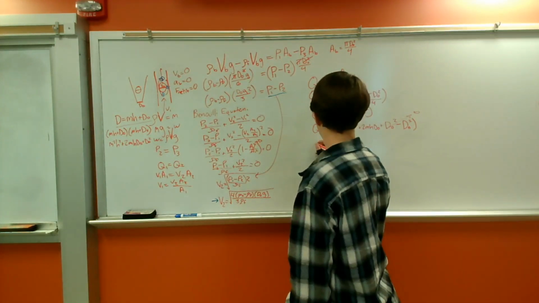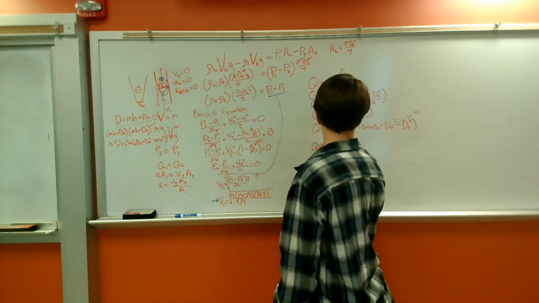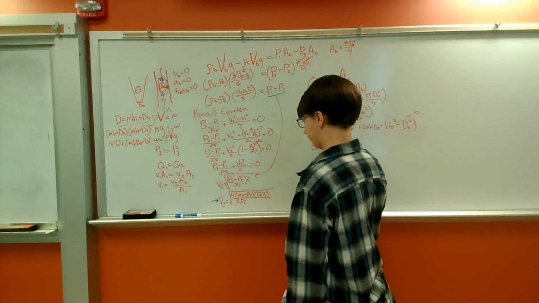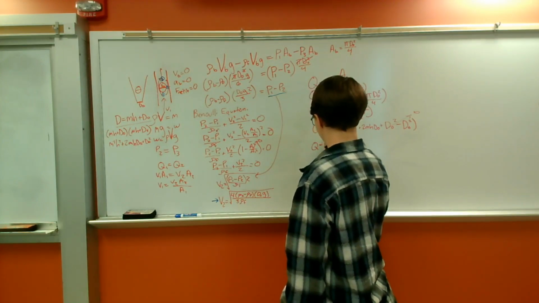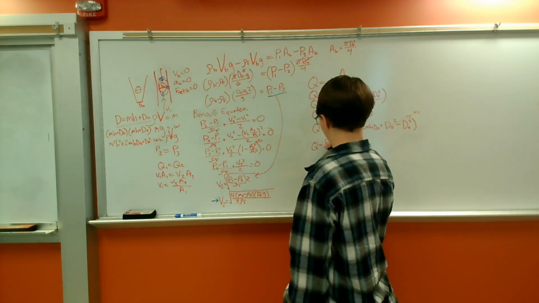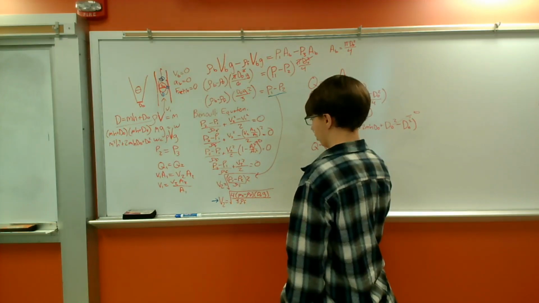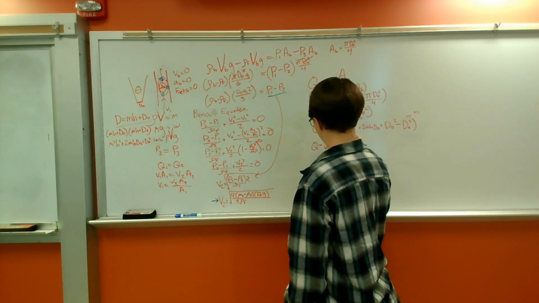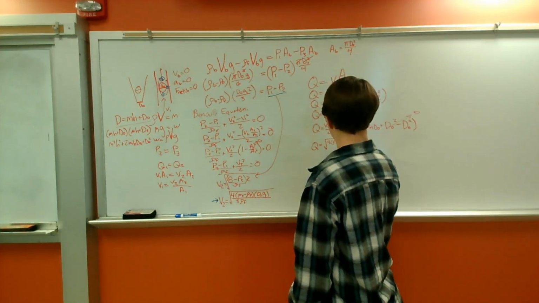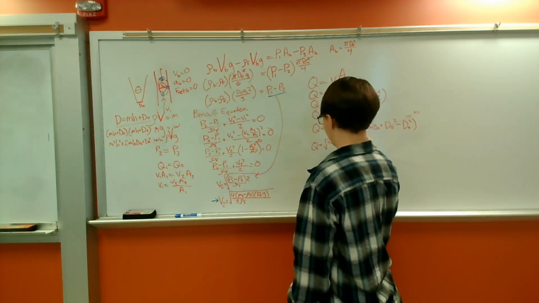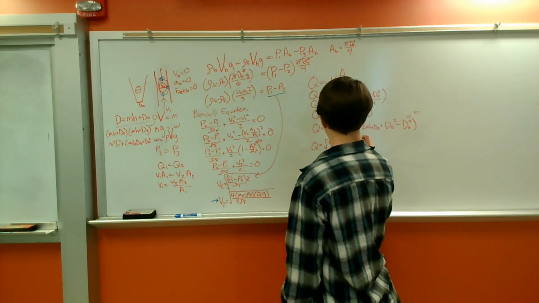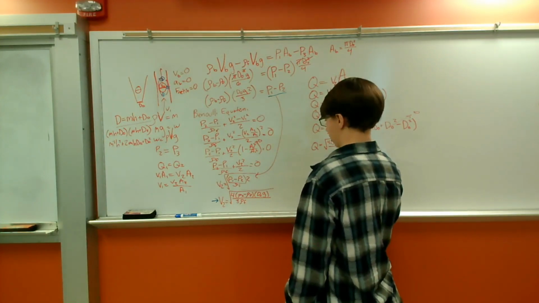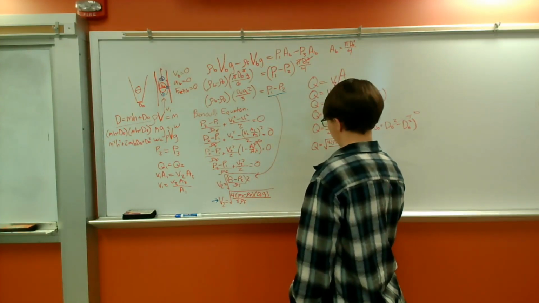We've got that Q is equal to the square root of 4 times the density of the ball minus the density of the fluid times d naught times g, over 3 times the density of the fluid.